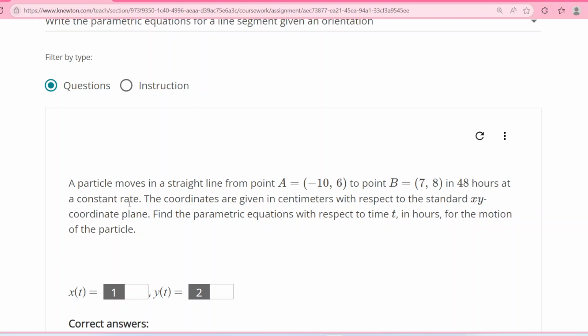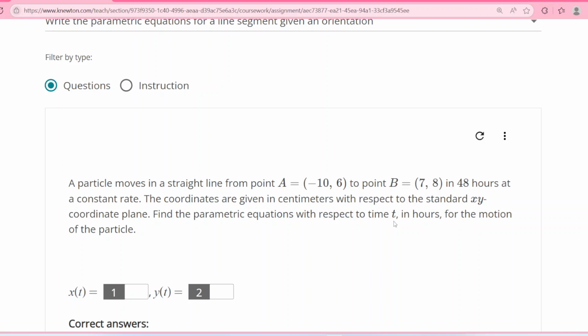Okay, so that's an important notion there. This is a constant speed that this particle is moving at. The coordinates are given in centimeters with respect to the standard xy coordinate plane, and we're asked to find the parametric equations with respect to time t in hours for the motion of the particle.